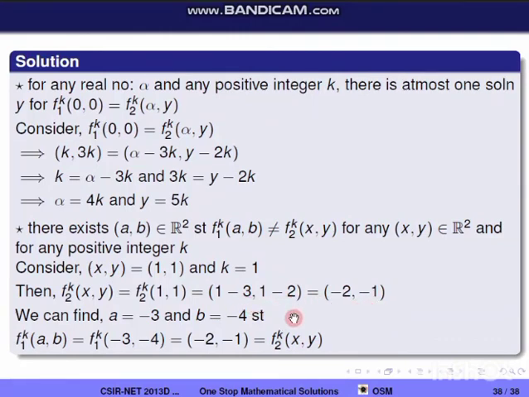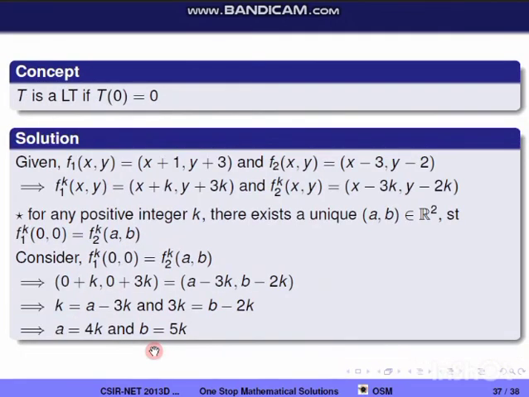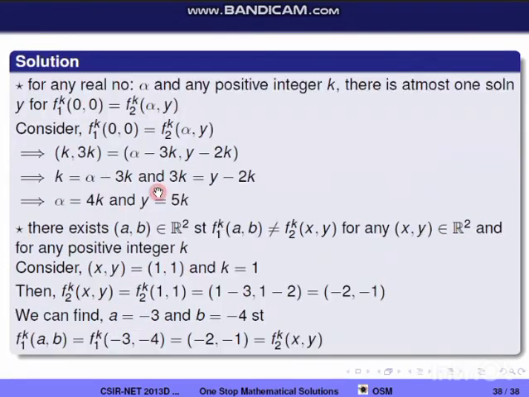So if I take a equal to minus 3 and b equal to minus 4, f1 power k of AB is equal to f1 power k of minus 3 comma minus 4. Substituting in this, we are getting minus 2 comma minus 1. So we are getting these two values the same. That is, f1 power k of AB is equal to f2 power k of xy. So this option is not always necessary. So this option is wrong.